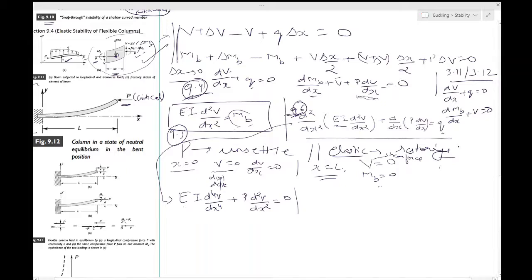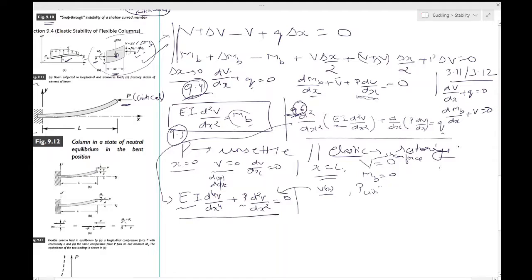Obviously what we have assumed is that EI and P are constant, and there is no transverse load. So our problem is to find the equilibrium configuration v of x, small v of x, and the critical load P, which simultaneously satisfy this equation.